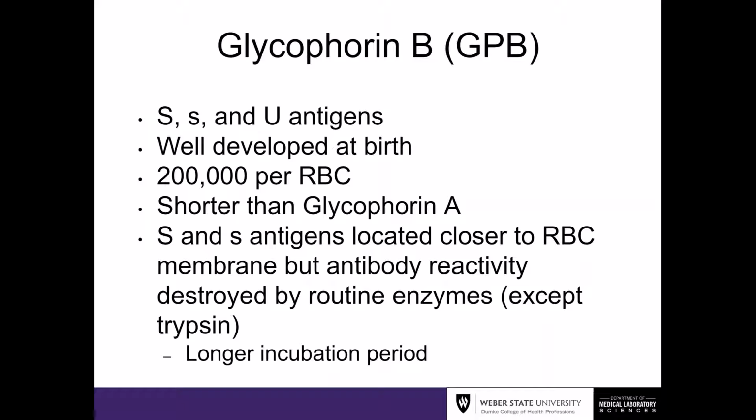So routine enzymes have trouble destroying these antigens and their reactivity, which can mask other underlying alloantibodies. Longer incubation can eventually destroy the big S and little s antigens, which are farther from the red cell membrane. However, the U antigen is so close to the membrane, it can sometimes be impossible to destroy with routine enzymes.